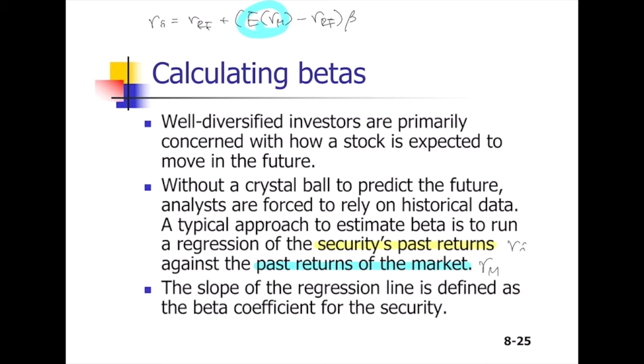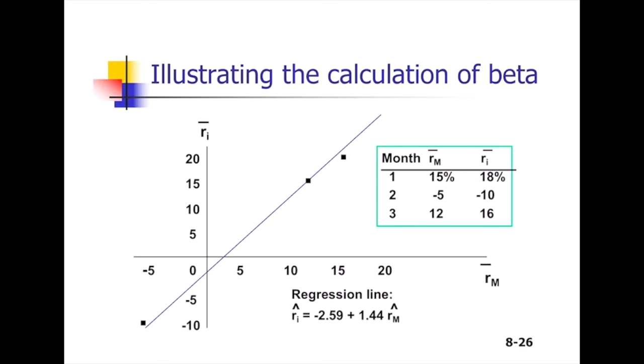The slope of the regression line is defined as the beta coefficient for the security. We have the historical returns of the market and of the individual stock. The x-axis is Rm, the market return, and the y-axis is the individual stock's return.